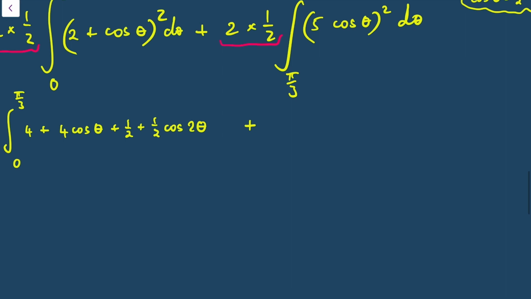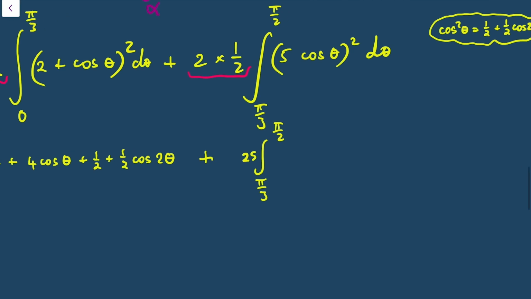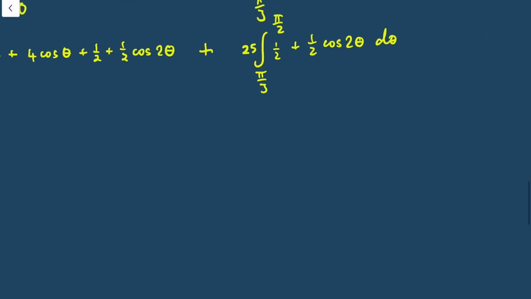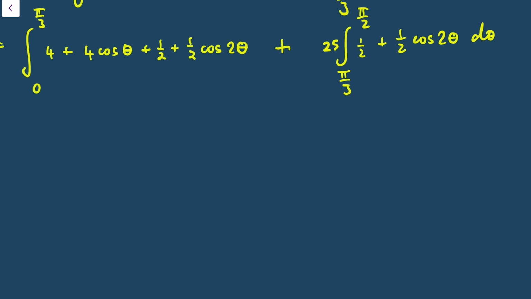And to this I'm going to add the integral between pi by 3 and pi by 2, and this simply squares to 25. So I'm going to take the 25 out to the front. And again, I've got cos squared theta. So it becomes 1/2 plus 1/2 cos 2 theta d theta. And now I can continue with my integration.